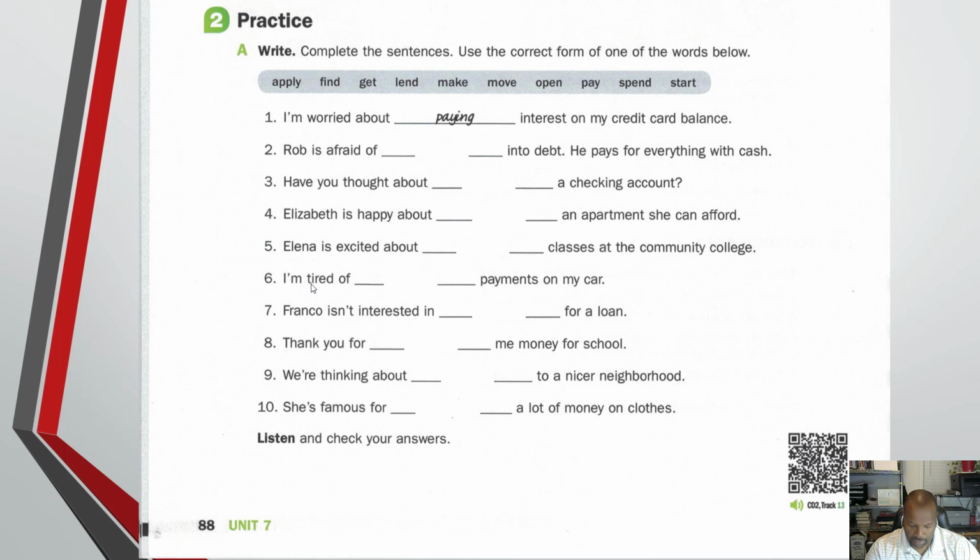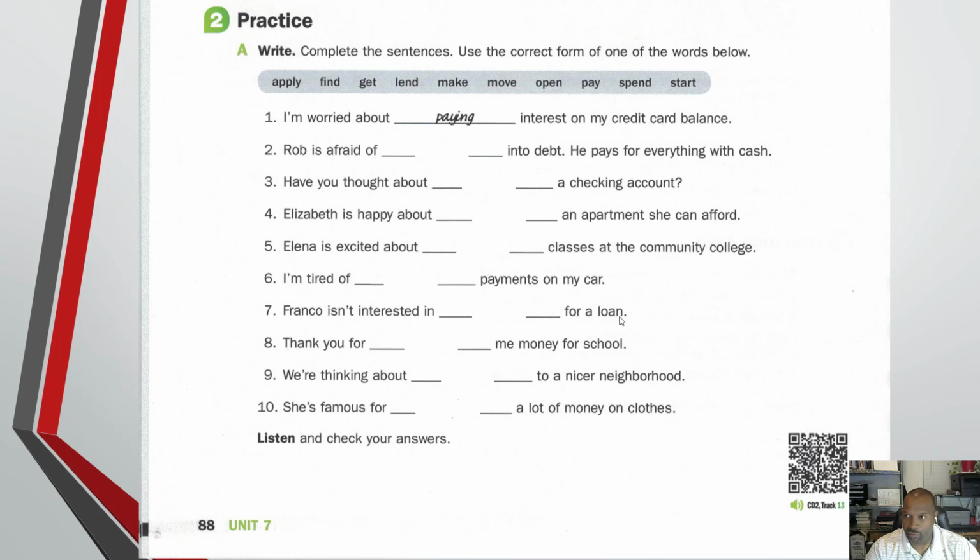Number 6, I'm tired of making payments on my car. Making payments on my car. Make plus ing, making. Number 7, Franco isn't interested in applying for a loan.